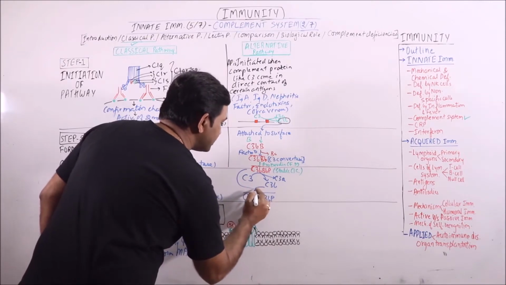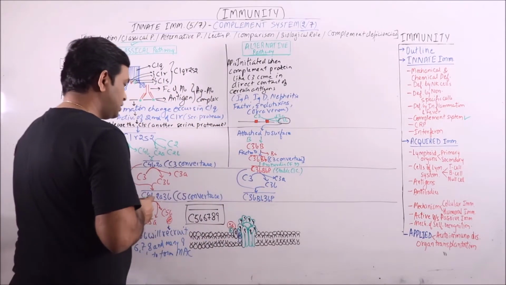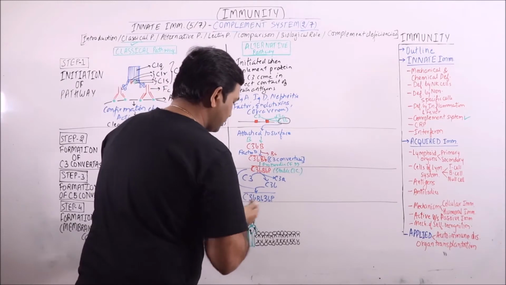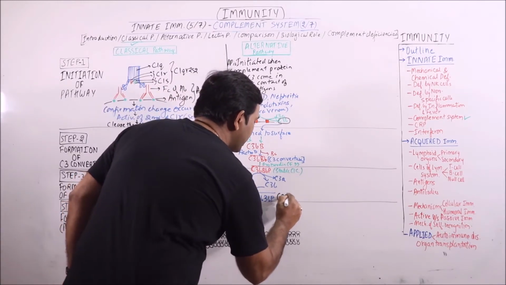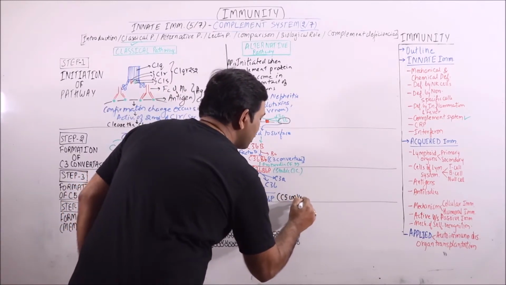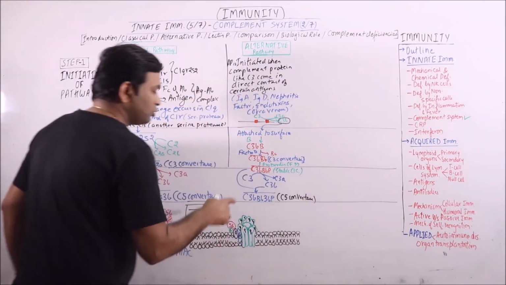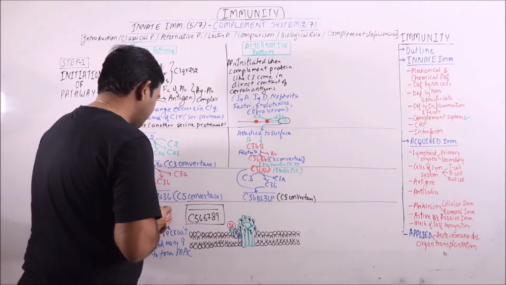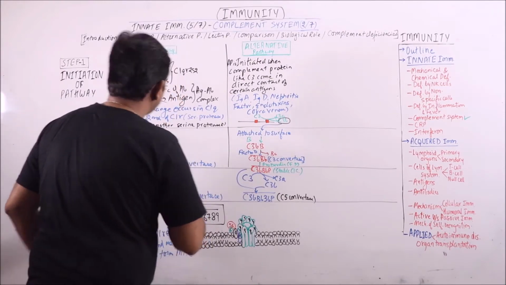This complex is known as C5 convertase. This is C5 convertase. And as soon as the C5 convertase is formed, the rest of the story is the same.